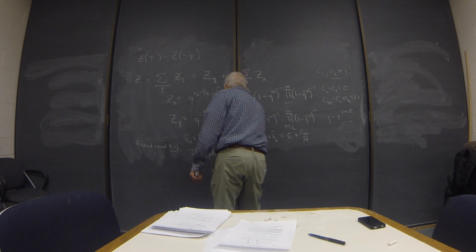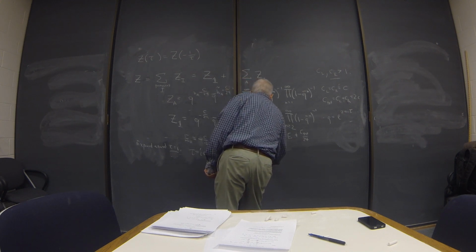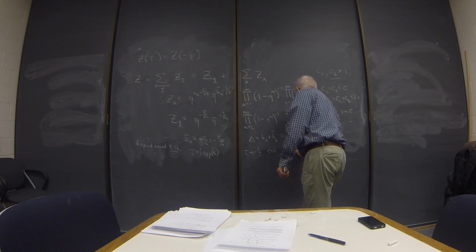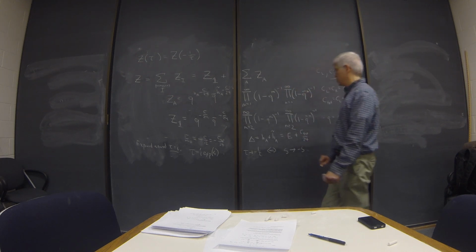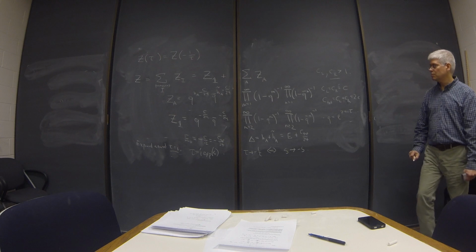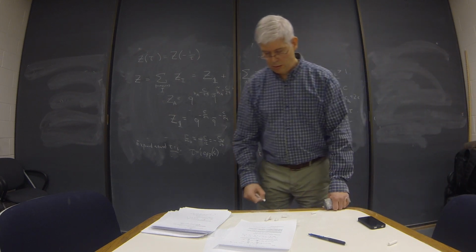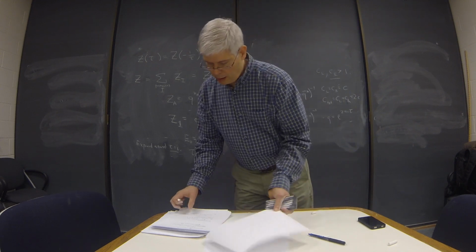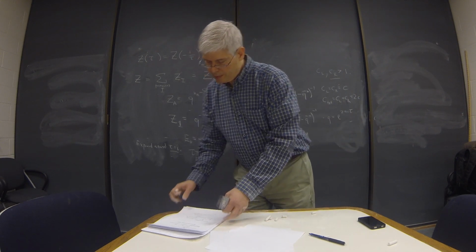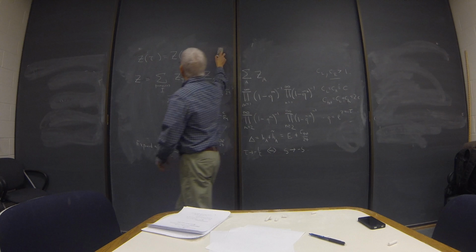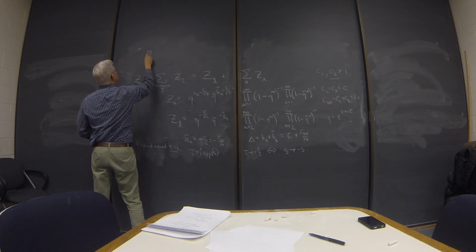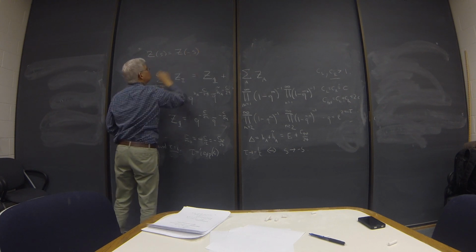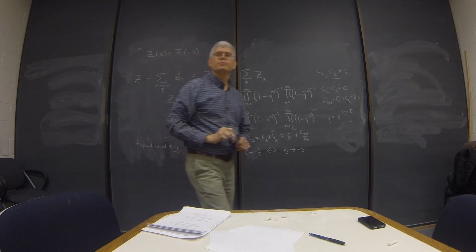So then modular invariance, tau goes to minus 1 over tau, is equivalent to S goes to minus S. Good. Okay. And what modular invariance tells us then is that Z of S equals Z of minus S. So Z is an even function.